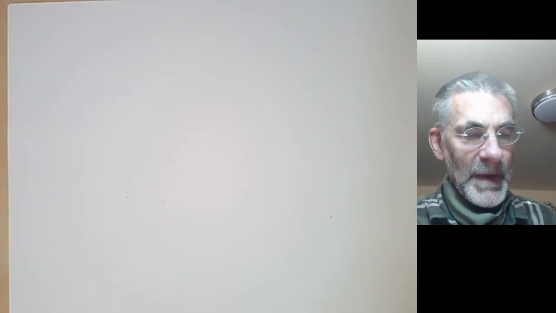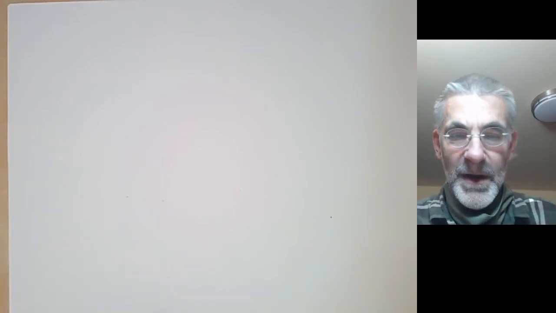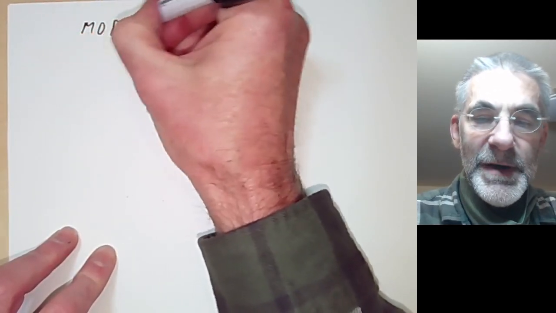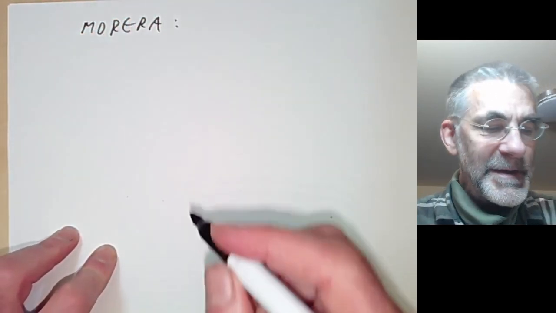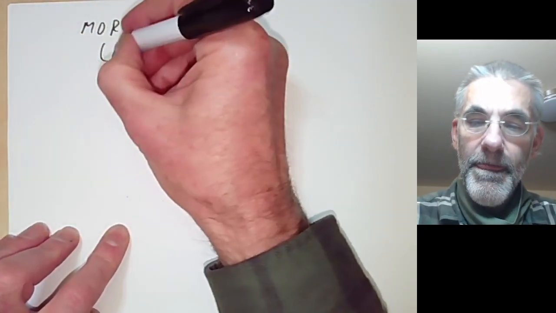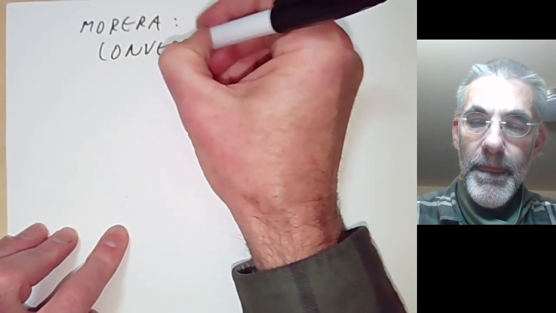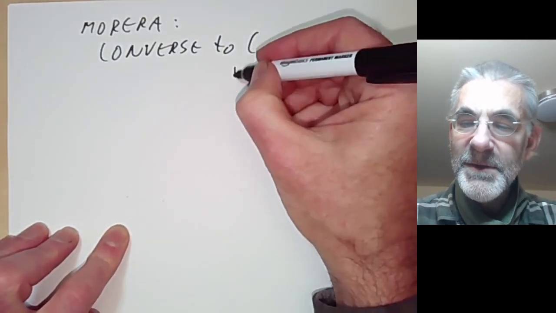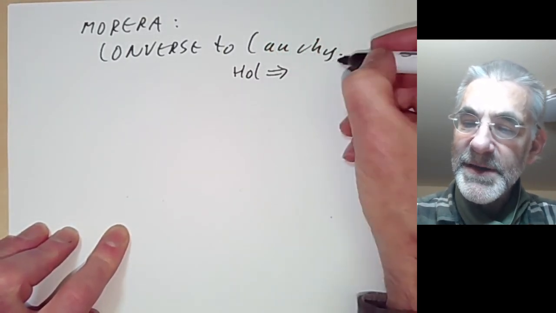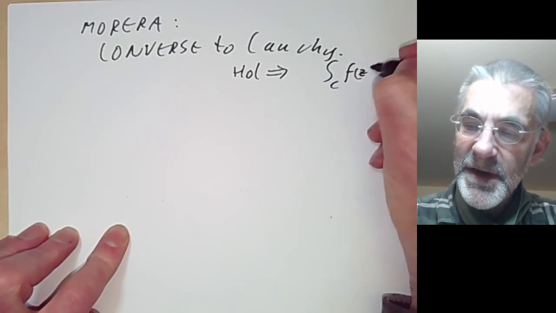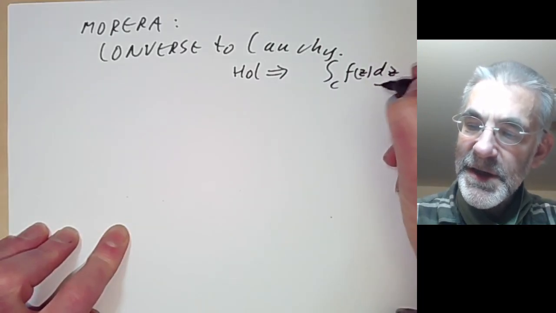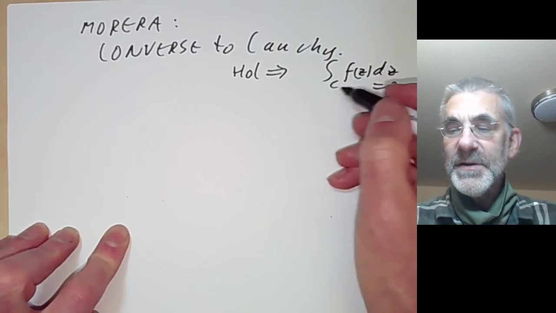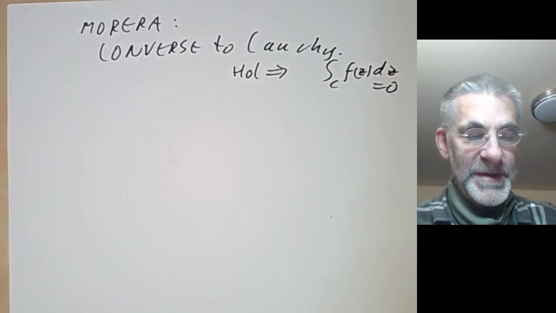As the final example, I will discuss Morera's theorem. This is a sort of converse to Cauchy's theorem. So Cauchy's theorem says that holomorphic implies the integral over c of f of z dz is equal to 0 whenever c is a closed curve such that f is holomorphic inside it.